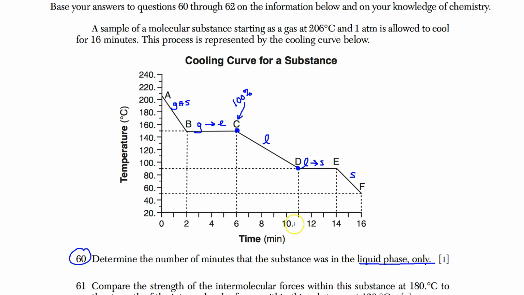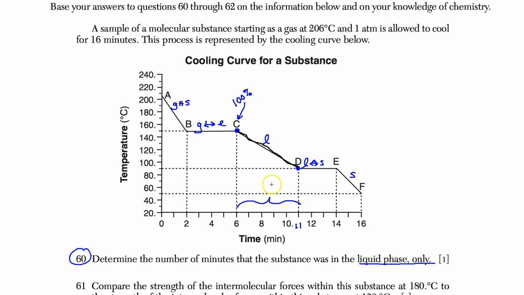So between 6 and 11 is the time period where you have the liquid phase only, because from B to C you're going to have liquid and gas. We can sometimes call that equilibrium. Same thing here, you have liquid and solid. So only liquid would be in this phase from C to D.